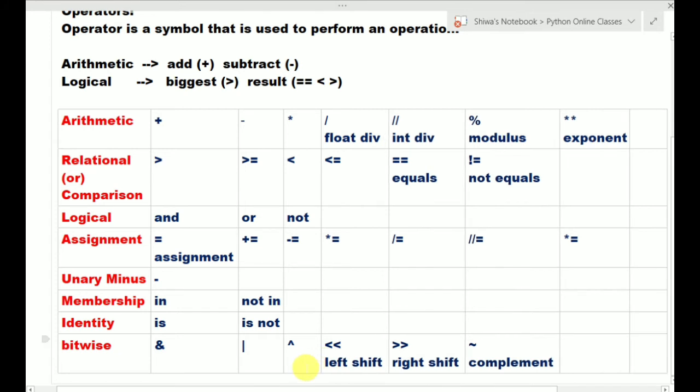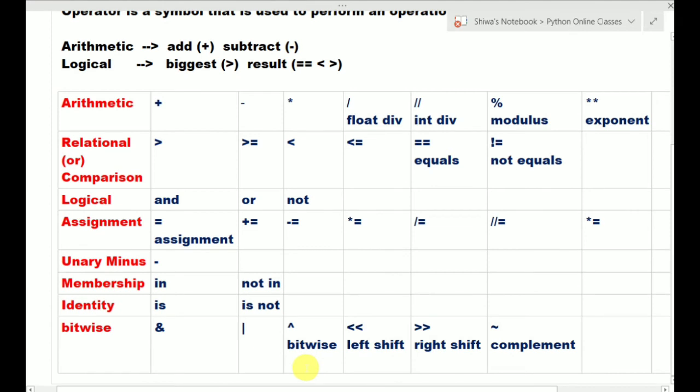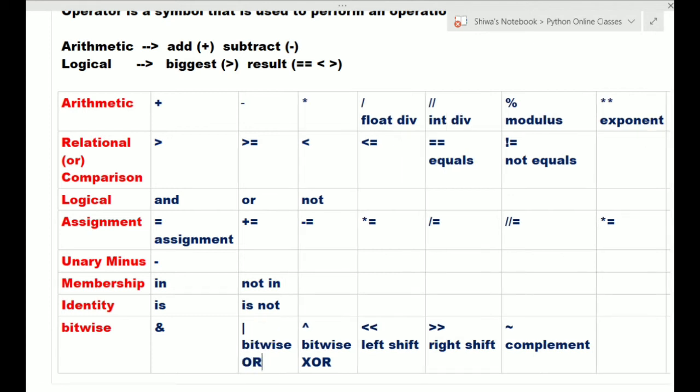This caret is the symbol for bitwise XOR, this pipe is the symbol for bitwise OR, and this ampersand is the symbol for bitwise AND. So these are the operators provided by Python.